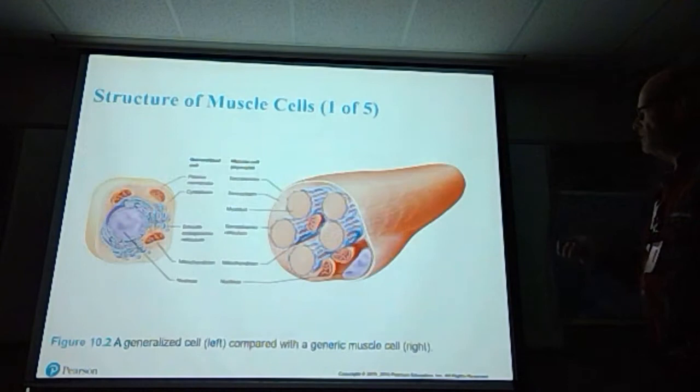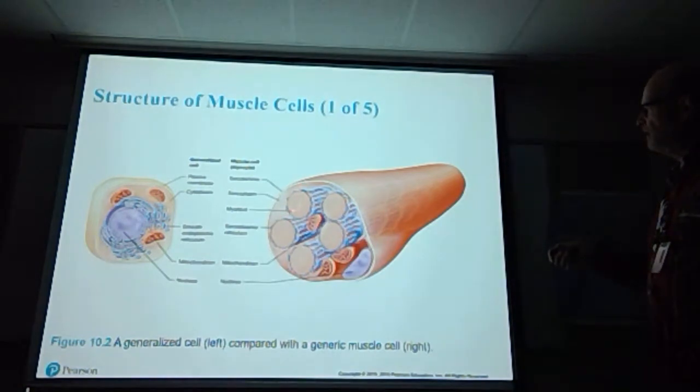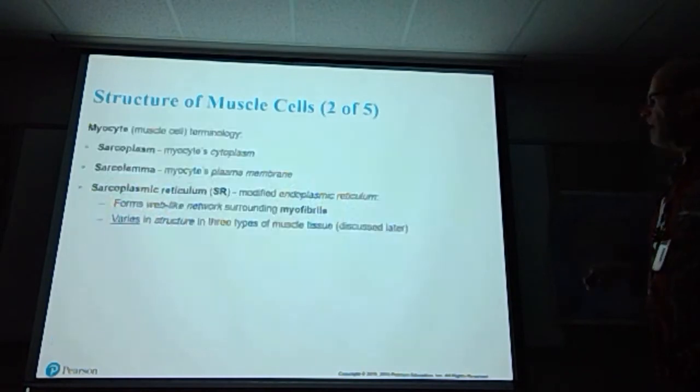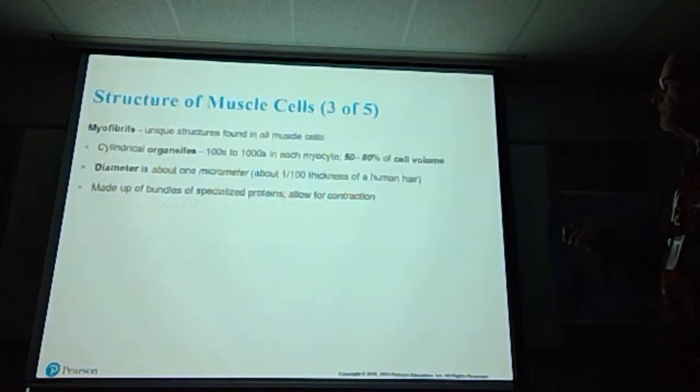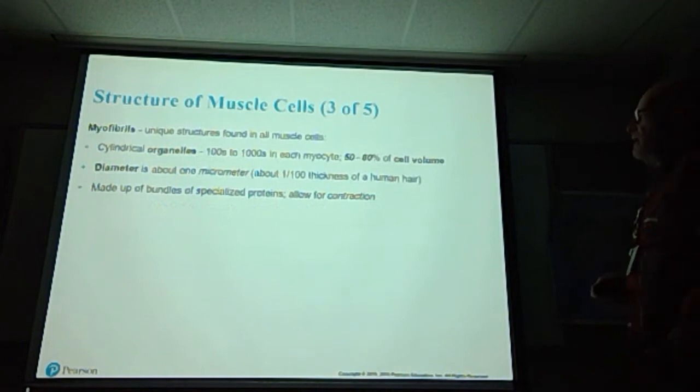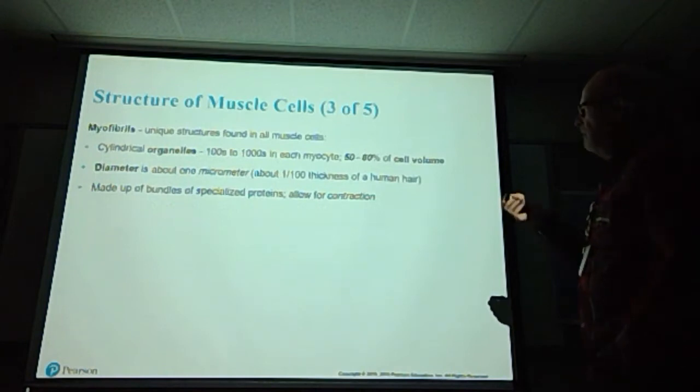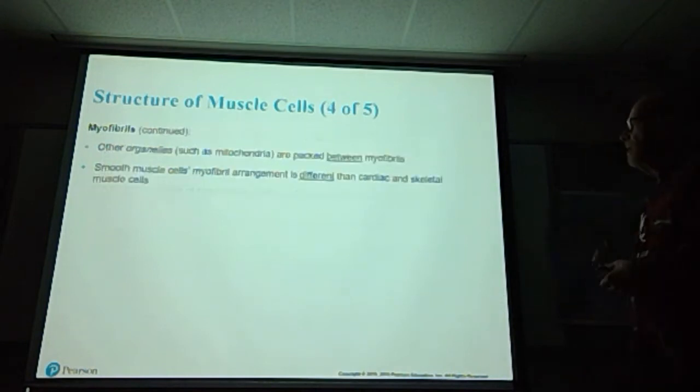Again, if we go back to our picture, there is the modified sarcoplasmic reticulum, and each one of the little dots in there represents a myofibril. Each myocyte contains thousands of myofibrils.